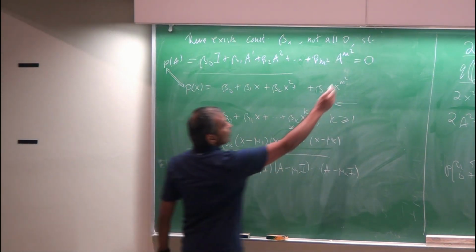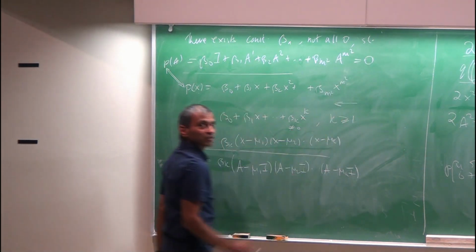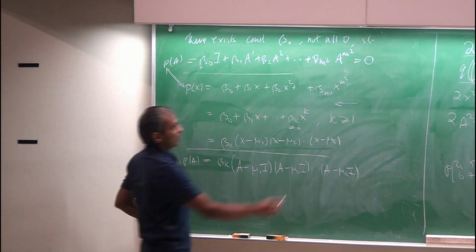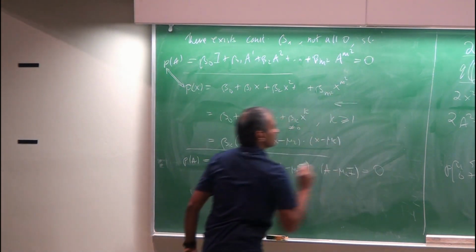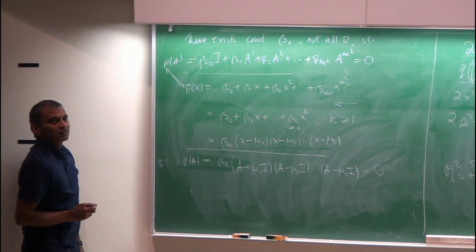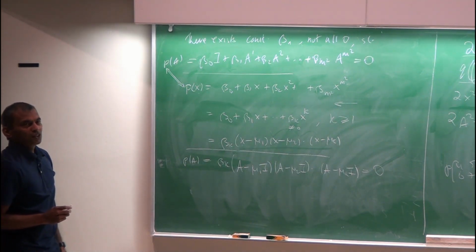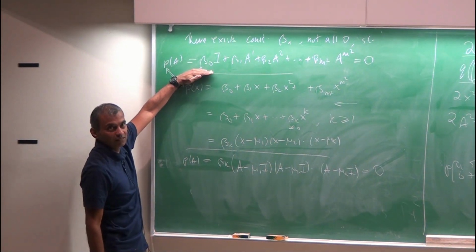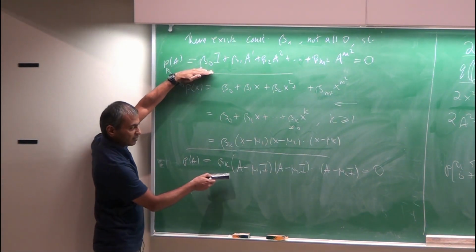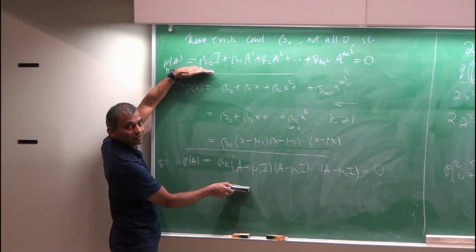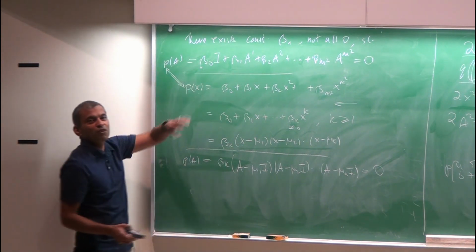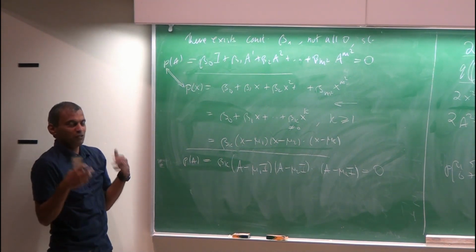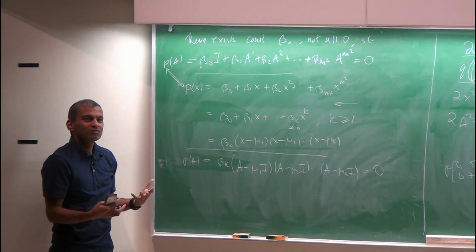Now, we know that this polynomial, if you put A in it, is actually equal to 0. That we had from up there: P of A is equal to 0. So we can write that 0 down here now. Notice that what I've done is I've started with the sum of matrices, and I've factored it into a product of matrices. Normally when we factorize a matrix, we call it matrix factorization, and we do some algorithms to do it.